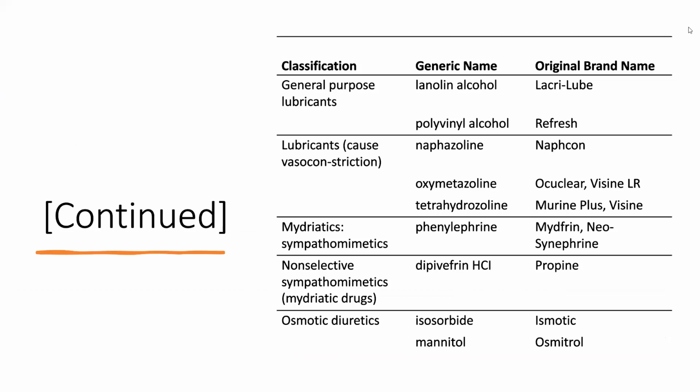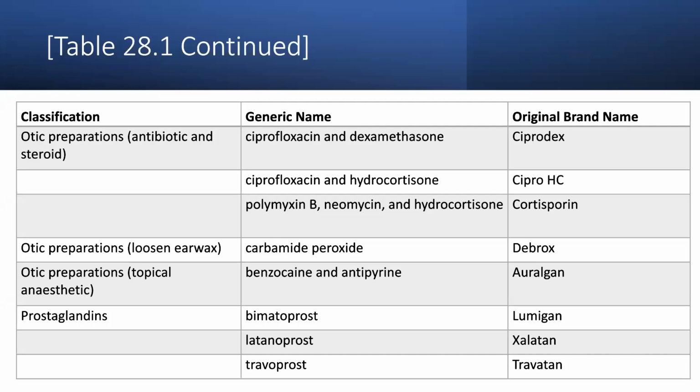We have osmotic diuretics, which are isosorbide or mannitol. Some otic preparations, antibiotics and steroids: ciprofloxacin and dexamethasone, ciprofloxacin and hydrocortisone, polymyxin B, neomycin and hydrocortisone. Some otic preparations loosen the earwax, such as carbamide peroxide. Otic preparations which are topical anesthetics are benzocaine and antipyrine. We have prostaglandins: bimatoprost, latanoprost, and travoprost.